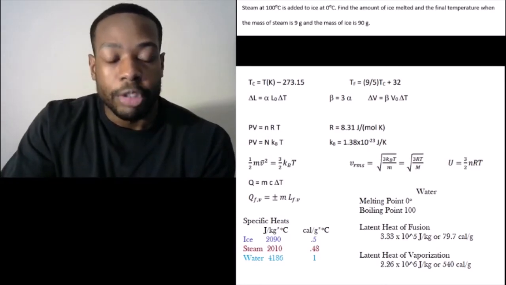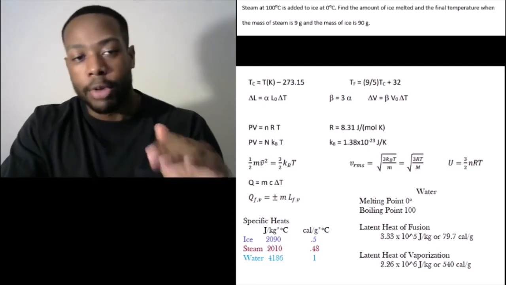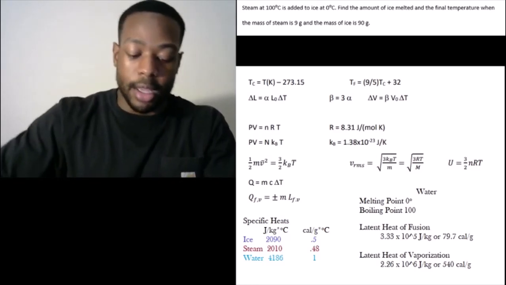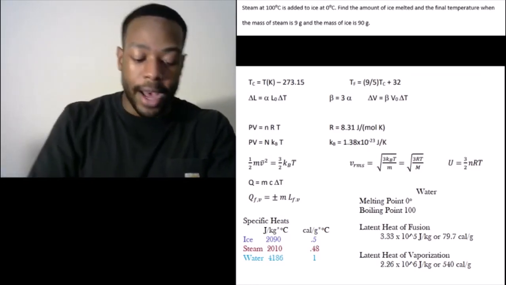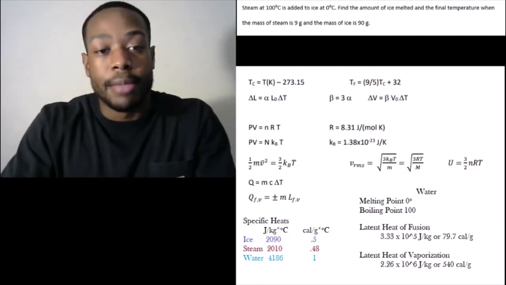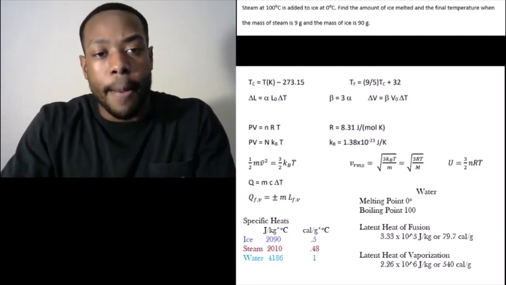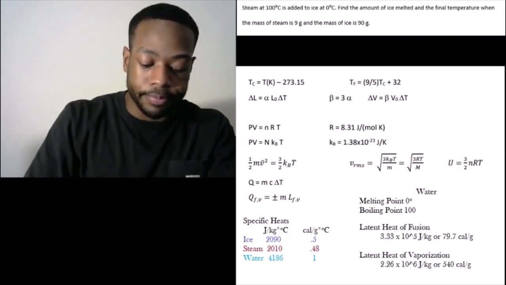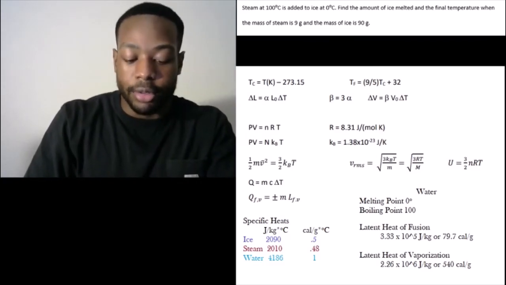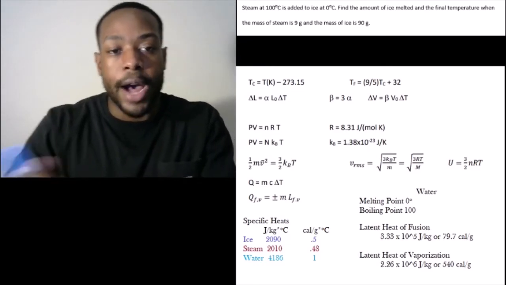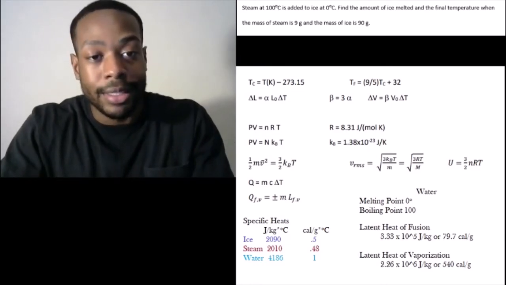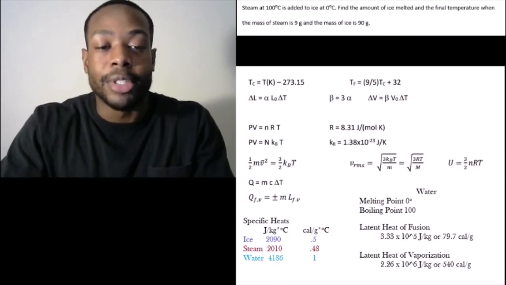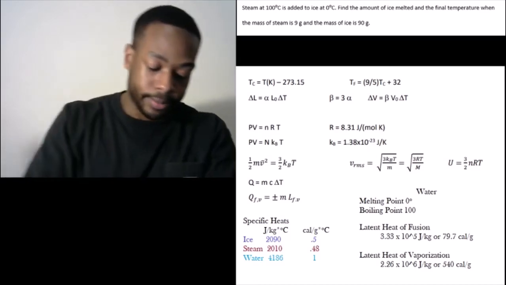So like we started the last problem, the idea is that we're going to use the values to find exactly how much steam's going to condense and how much we need to melt the ice. I may have said that weird, but the idea is that we're going to use latent heat of fusion to find how much energy we need to melt the ice, and latent heat of vaporization to find how much energy the steam is going to release when it condenses.